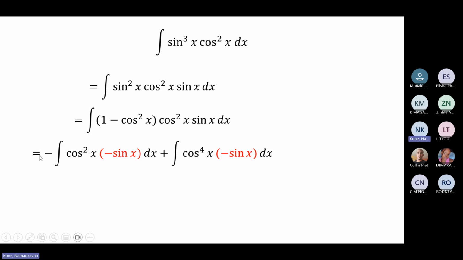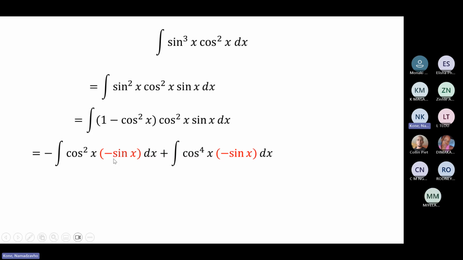So if you take this negative, multiply it inside, you get exactly back 1 times all those that are there. This has been done so that this becomes the derivative of cos x, so that we can apply that power rule that I've talked about in the beginning. For the second one, we have got the minus already.